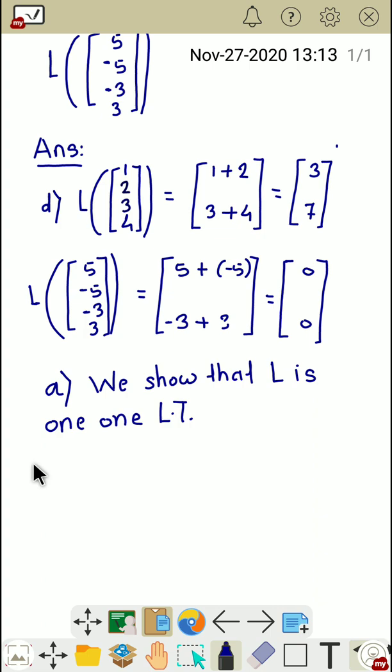Okay, so to show that L is one-to-one, what we do: as given, L is a linear transformation from R4 to R2, we take any two points in R4 which are not the same and show that their images are also not the same.